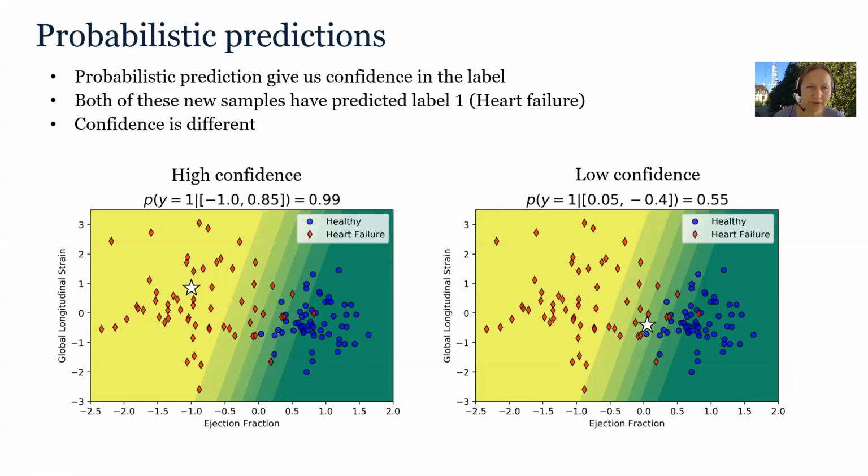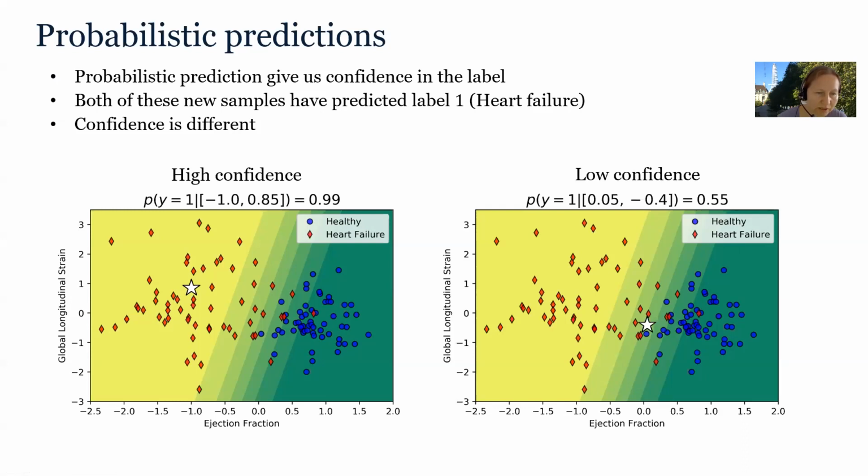Here we show how probabilistic predictions can improve our understanding of the predictions, because they give us a numerical evaluation of confidence. We have two samples, both of them have predicted label 1, but they have very different confidence. In this case, on the left, the sample lies in the region where there are lots of patients with heart failure and no healthy patients.